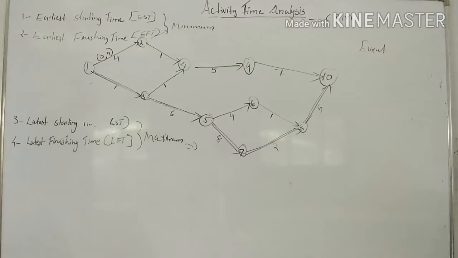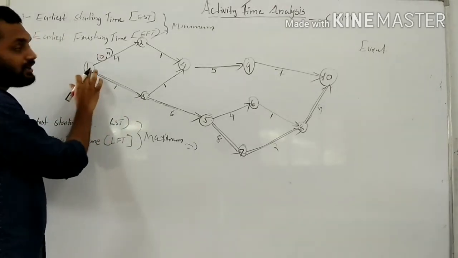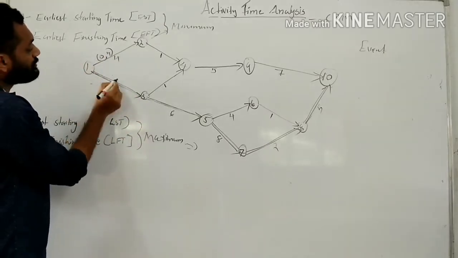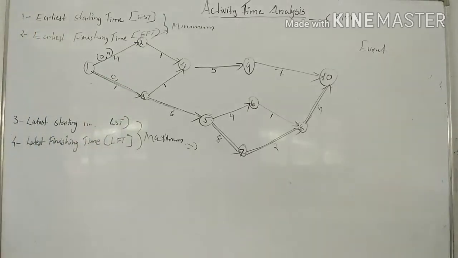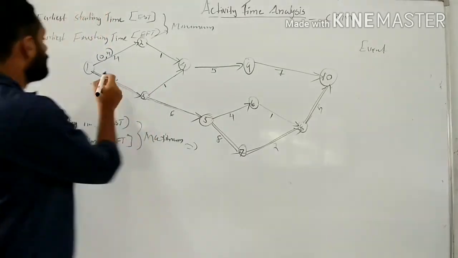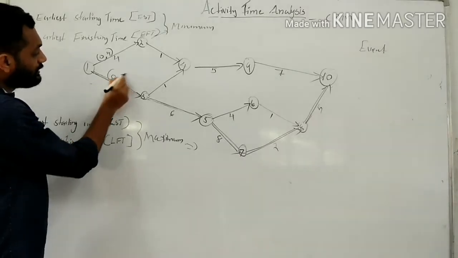Here the first activities are 1 to 2 and 1 to 3. So for 1 to 3 the EST is 0. We said that EST of the first activity will always be 0. Then 0 plus 1, that is 1, is the EFT.